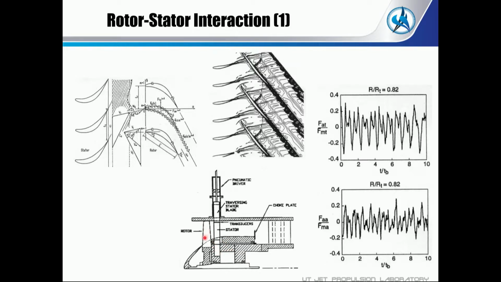This is the rotor blade and this is the stator, and there is a transducer on the stator blade, and they took these data. This is time, this is the axial force, and this is the tangential force. Both are the same. So there is a periodic change in the aerodynamic force. This is an exciting force.